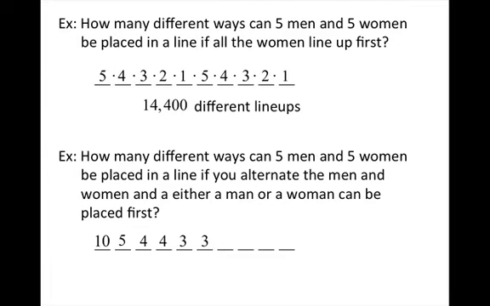Now in my line, I have 3 men and 3 women, so that leaves me 2 of each gender to choose for the next 2 positions. And for the final 2 slots in my line, I only have 1 man and 1 woman left to choose from, so I only have 1 choice for each slot. When I multiply these, I get 28,800 different lineups if they alternate and either a man or a woman can come first.